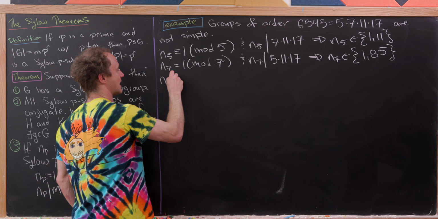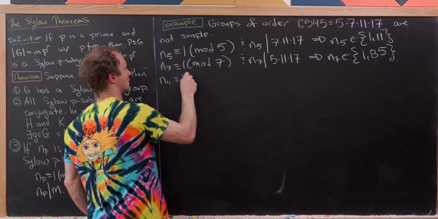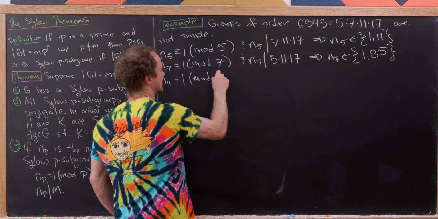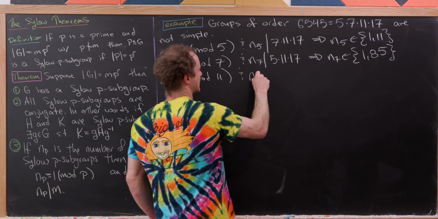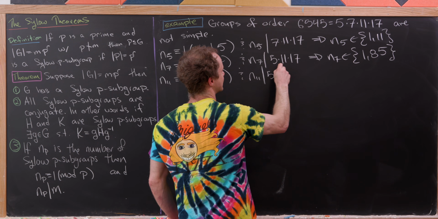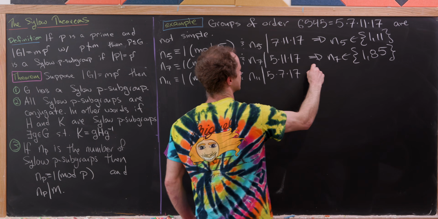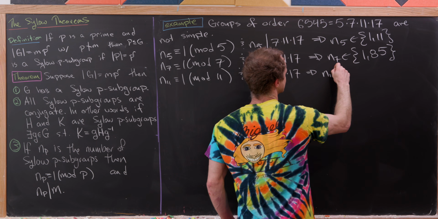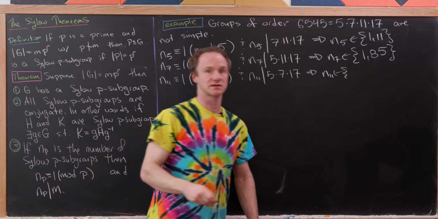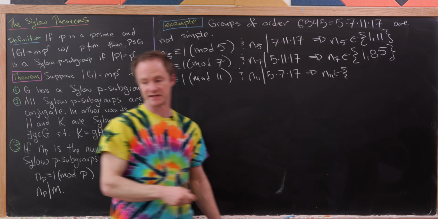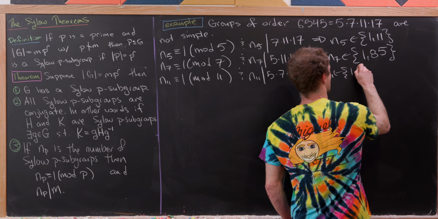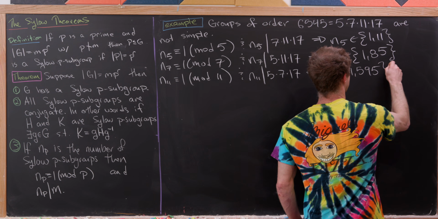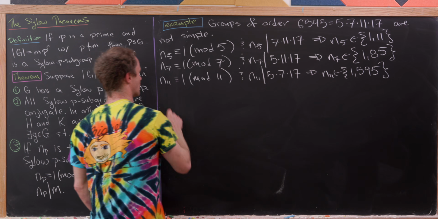So N11 will be next, so that's going to be congruent to 1 mod 11, and N11 will divide 5 times 7 times 17. So those restrictions mean that N11 has, well, again, 2 possibilities. And in this case, they are 1 and 595.